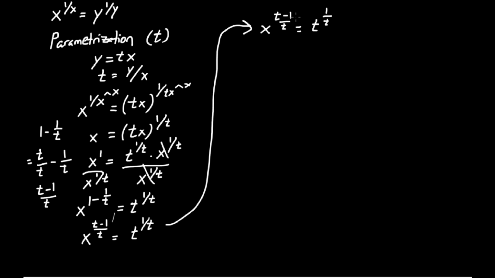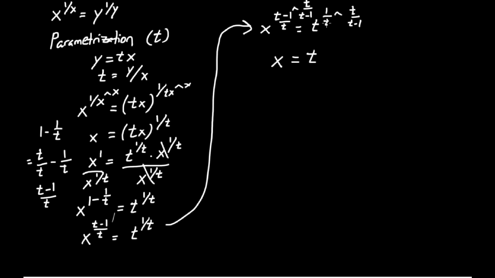I'm going to raise both sides to the t over t minus 1 power. Since these are reciprocals, they cancel. So I get x to the first power, or just x, is equal to t.